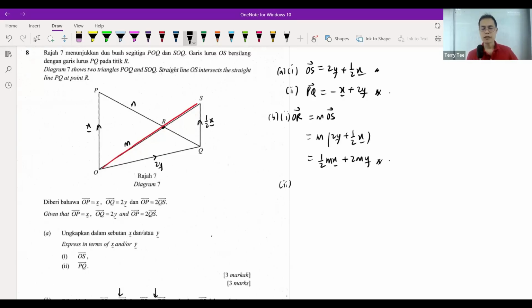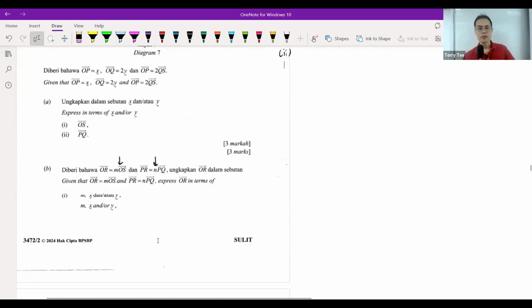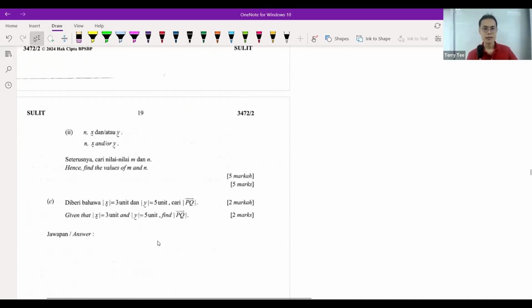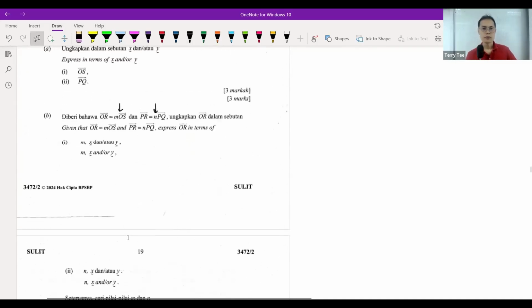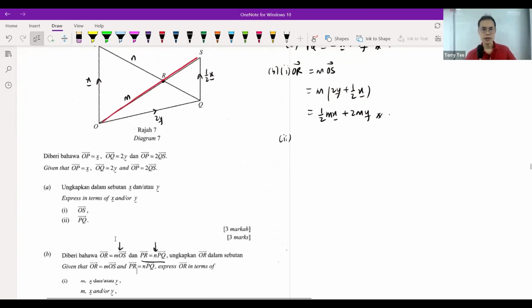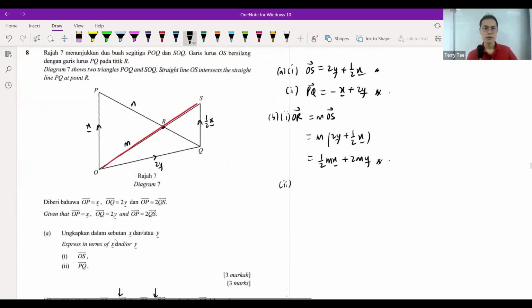B Roman 2, you're finding OR in terms of N, right? In terms of N, you need to use PR equals N PQ. So from the diagram, you can see N is on this side. So if I want to go from O to R, I have to use O to P, P to R. So OR is O to P, P to R. Your OP is just X, PR is N times of PQ.